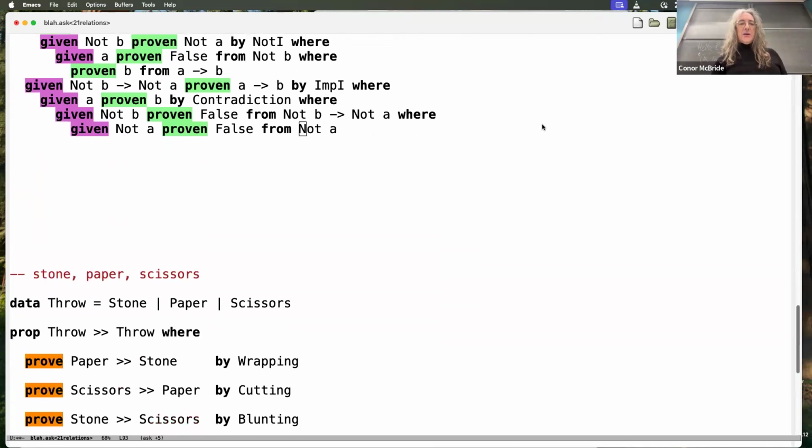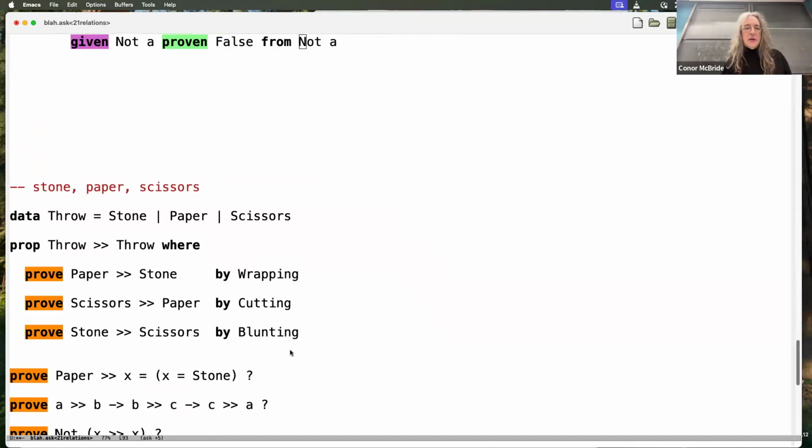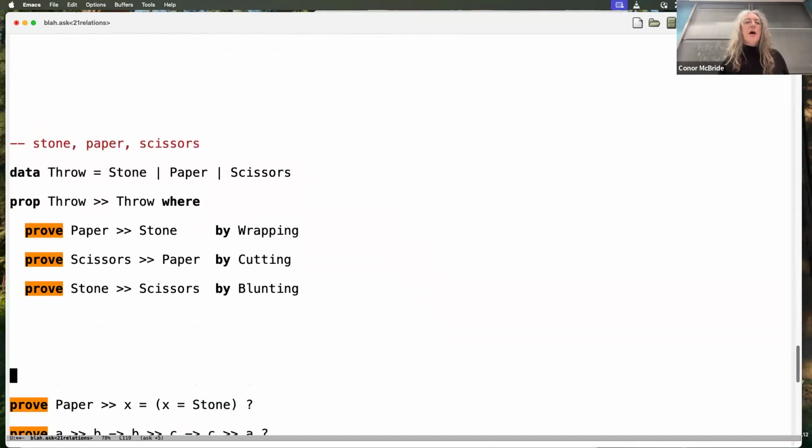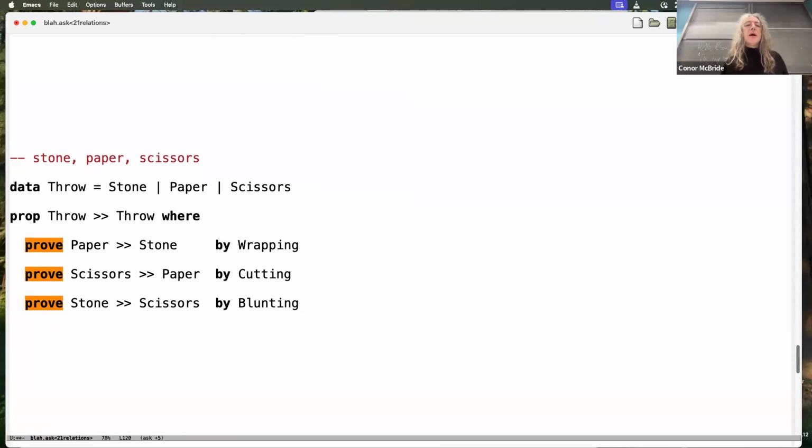So far, we've been working with propositions assembled from logical connectives, but at the base case, we've always had these propositional variables, which are abstract.